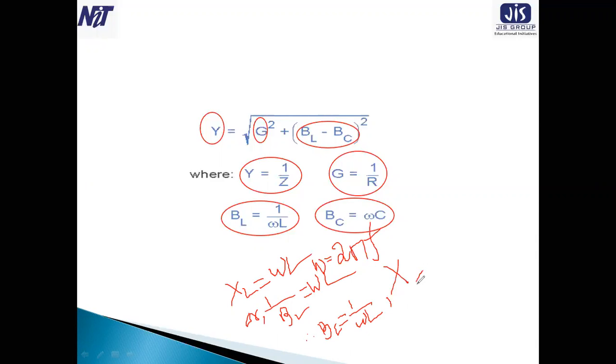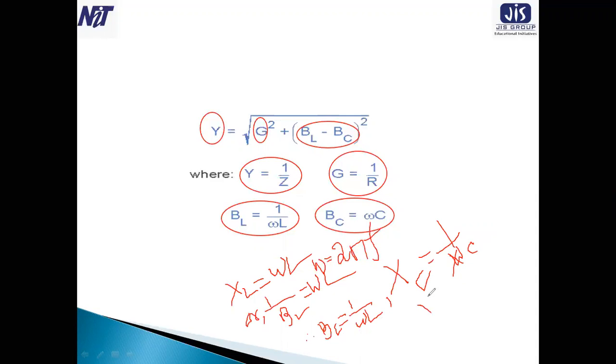And then we know that XC equals 1 by omega C. We have a separate lecture for the inductive reactance and capacitive reactance calculation. If you have doubt, please go through that lecture also. That will be very beneficial for all of you.